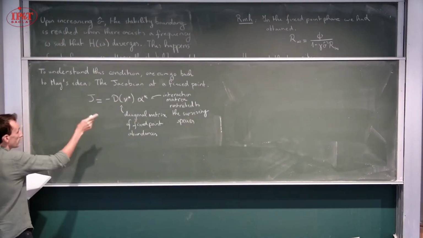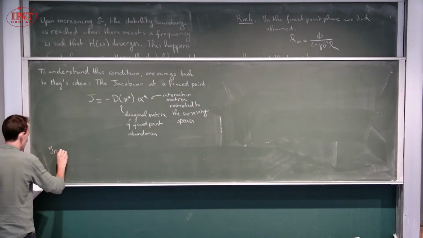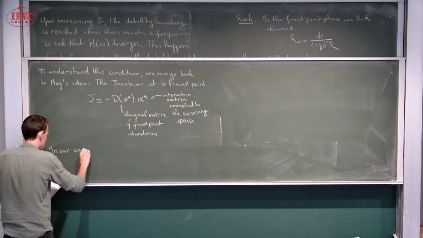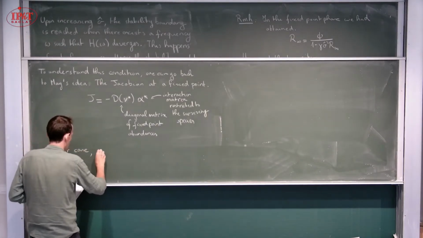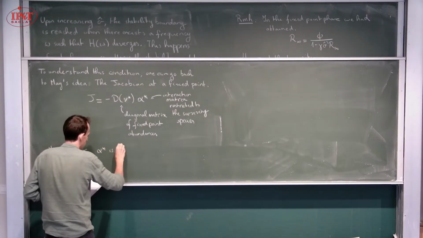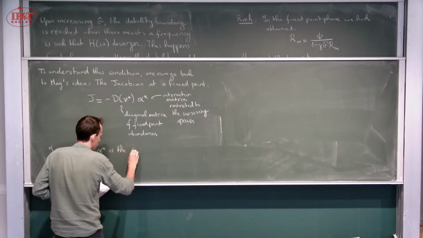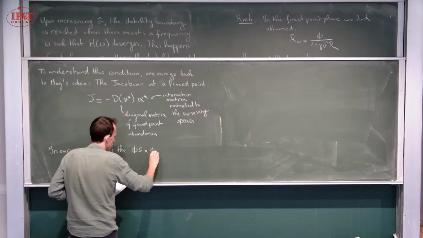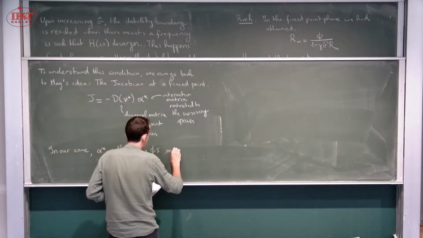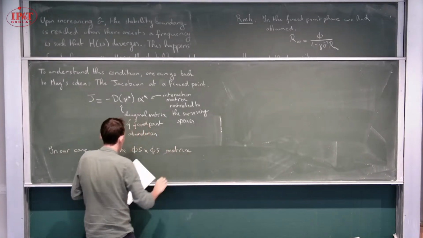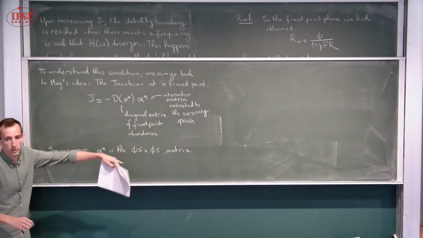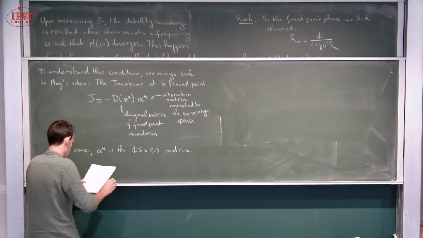And so now in our language, alpha star is the phi S times phi S matrix. Phi is the fraction of surviving species. There is only phi S surviving species.